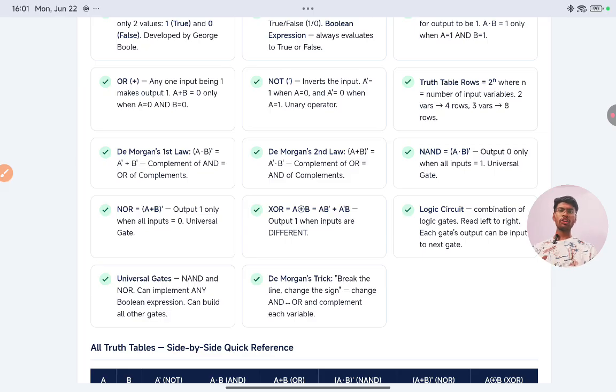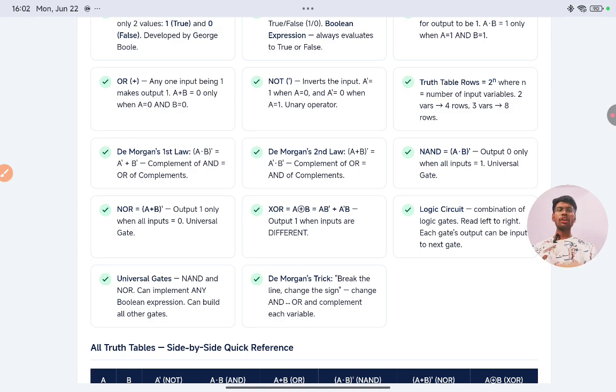NAND and NOR are universal gates. NAND outputs 0 only when all inputs are 1, the opposite of the AND gate. NOR outputs 1 only when all inputs are 0, the opposite of the OR gate. NAND is a combination of NOT plus AND, and NOR is NOT plus OR. Then there is exclusive OR. This is not a universal gate, and it outputs 1 only when inputs are different, and outputs 0 when inputs are the same.